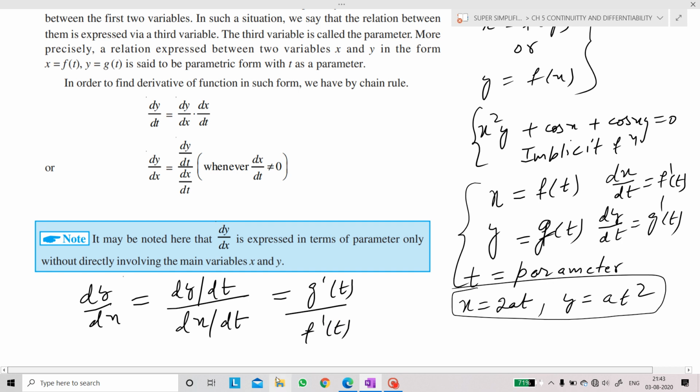Here you can note that the derivative dy by dx, in this blue box, is expressed in terms of parameters only, without directly involving the variables x and y. So whatever the value of dy by dx, it will be in terms of the parameter, whether it is t or theta or some other parameter.